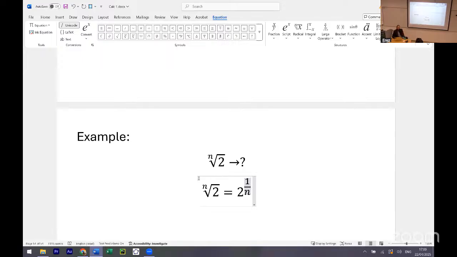Do you agree about that? What does the power here tend to? 0. 0, right? What is 2 to the power of 0? 1. So it's much simpler, and that's valid in the test.